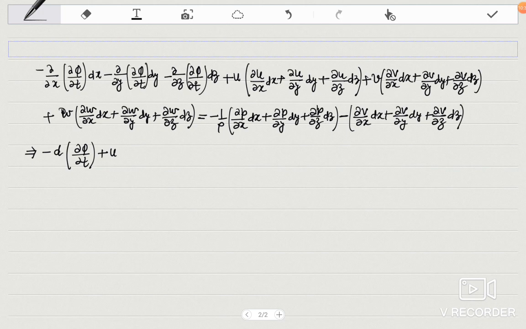So I may write it as d of u squared by 2, this one, and the next one will be v squared by 2, and the third one will be w squared by 2, minus 1 by rho, and similarly this will be dp, and this will be dV, right?